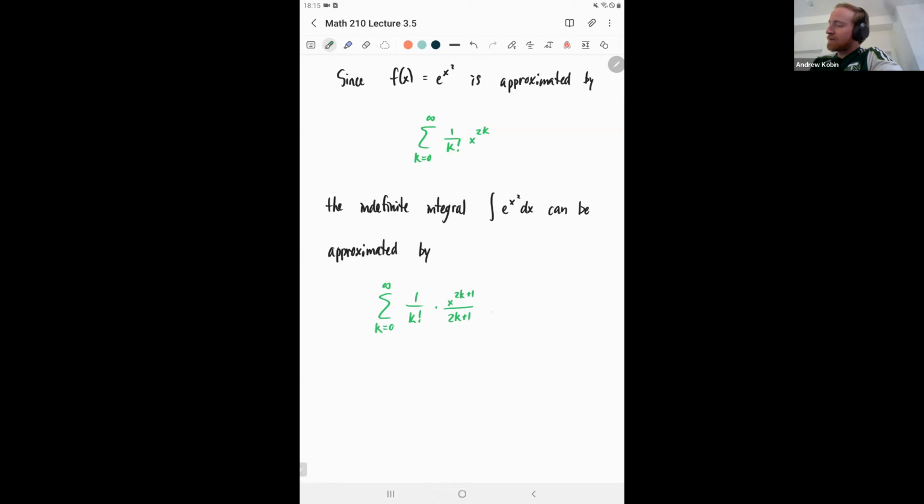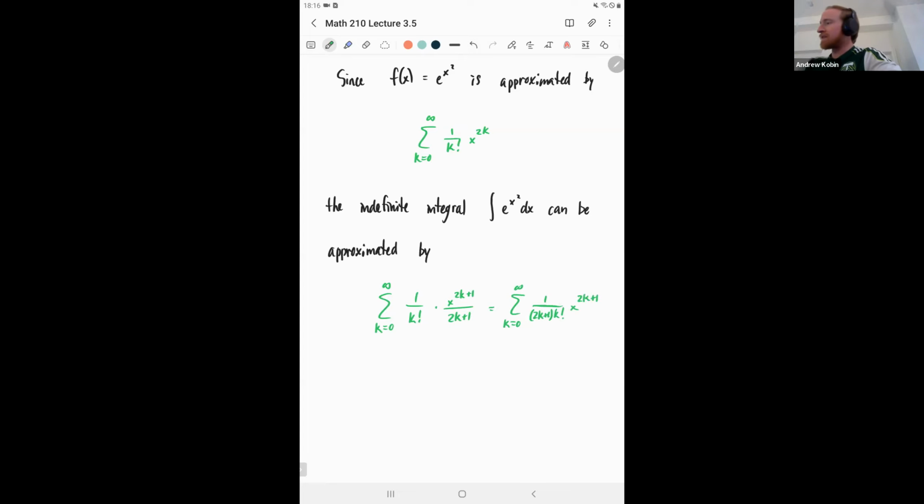I'm actually going to rewrite this a little bit so it still looks like a power series, and even looks like a Maclaurin series. And it'll look like 1 over 2k plus 1 times k factorial. So it's not the whole expression factorial, it's k factorial, multiply all those out, and then additionally 2k plus 1 times x to the 2k plus 1.